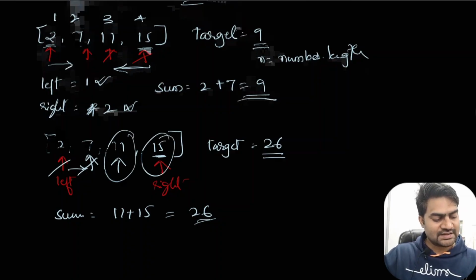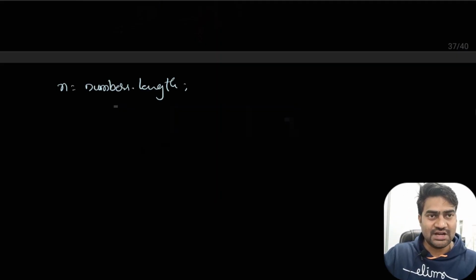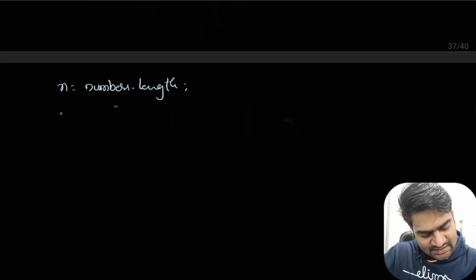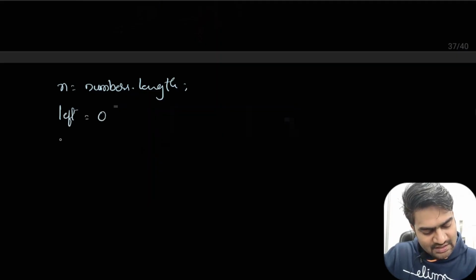Okay, let us try to write the pseudocode for that. Now what I will do, I will take a variable n, I will assign it with numbers dot length. Okay, but our arrays are in real time 0-based indexed. So let us take the left pointer to 0 and right pointer to n minus 1.